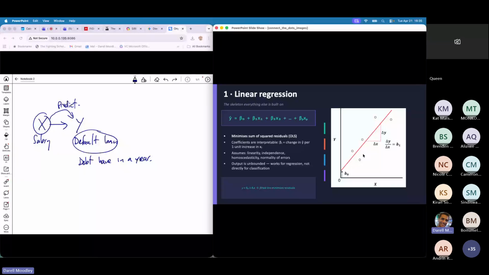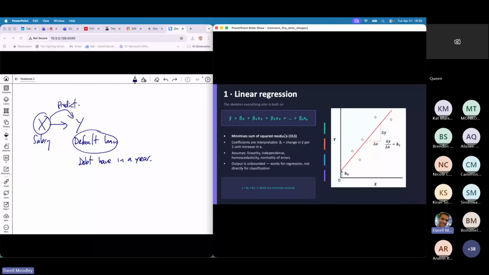I know some students get confused with the term OLS, or ordinary least squares. What you need to know about OLS is that it's the tool to determine this line. Linear regression is the process of fitting a line to this data, and OLS is the tool used to find the slope and the intercept for this line.